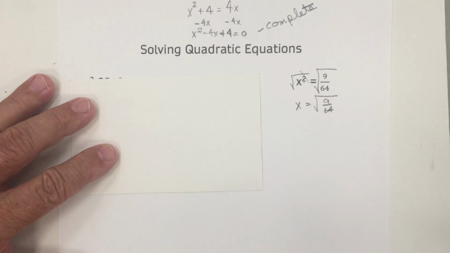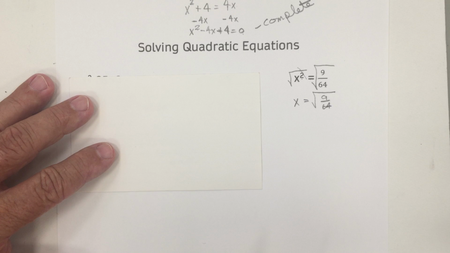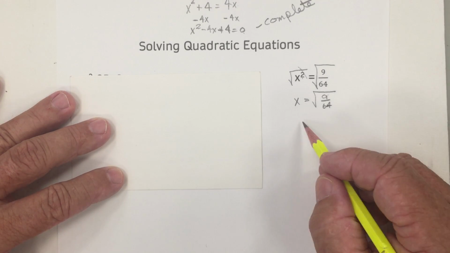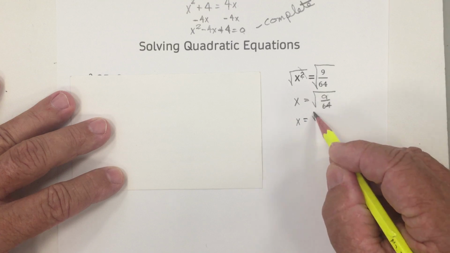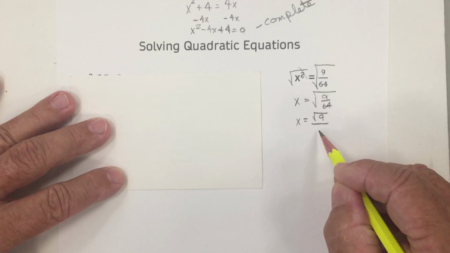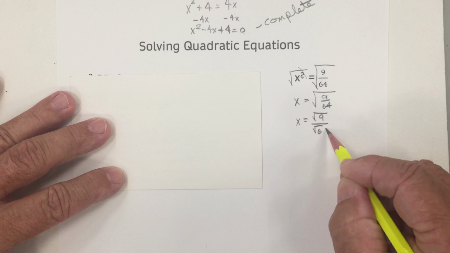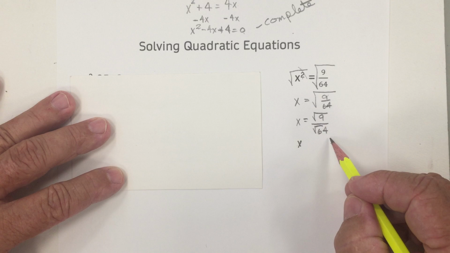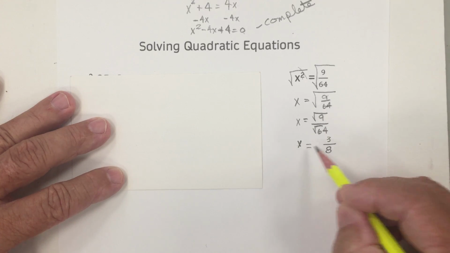What we've known from before with radicals is that we can expand this. So x equals the square root of 9 over the square root of 64. So x equals 3 over 8.